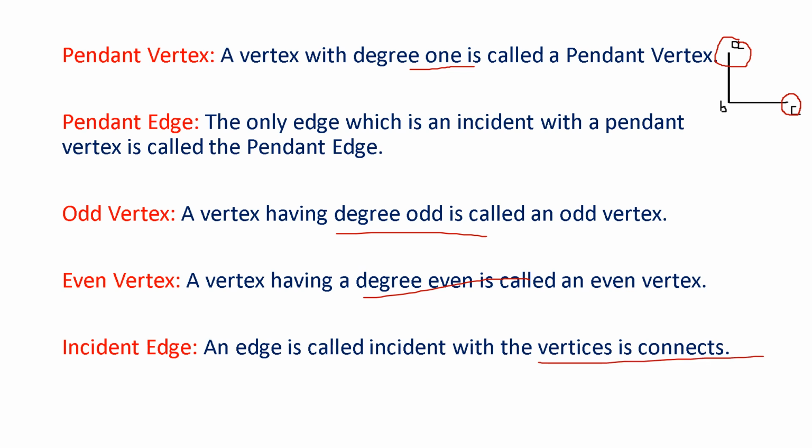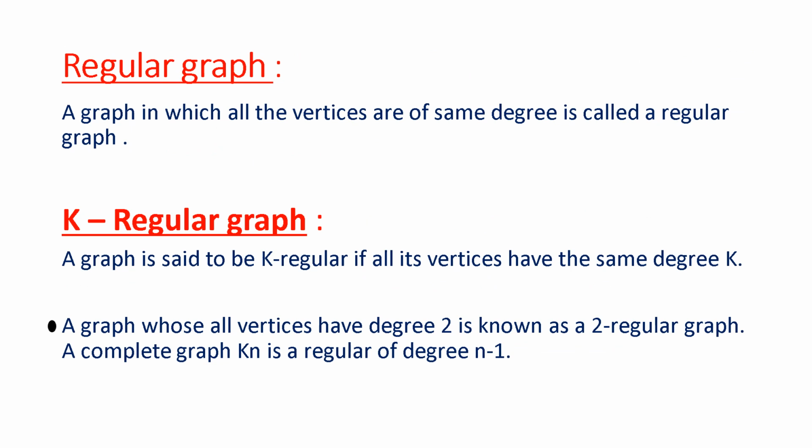Right? Now next, regular graph. A graph in which all the vertices are of same degree is called regular graph. K-regular graph. A graph is said to be K-regular if all its vertices have the same degree K.